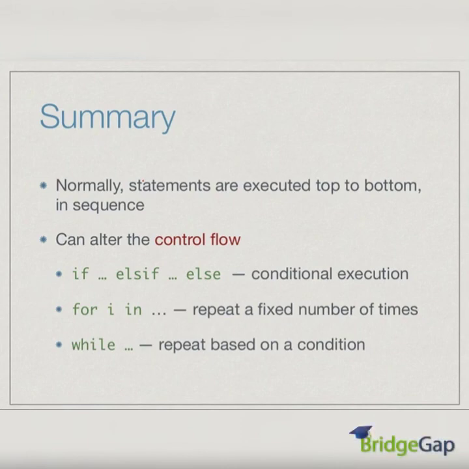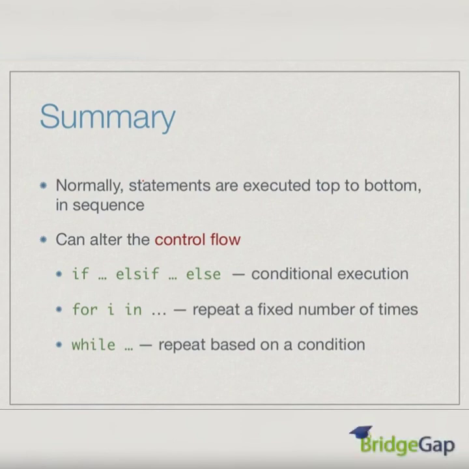Then we have seen the control flow by which we repeat a fixed number of statements using a for loop, and in the for loop we learned a new function, range, which goes from i up to j minus 1. If we write i to j, it will go from i to j minus 1.